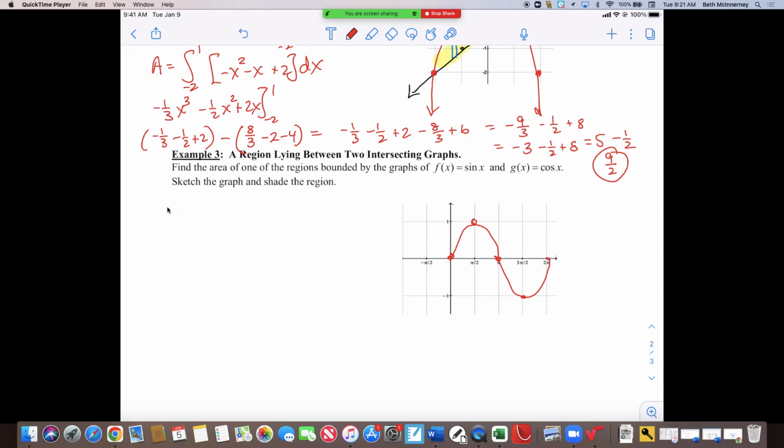This is my sine x. So I'm looking for this region right here. Now, it's not this teeny tiny piece because there's a continuation and it would have the same sort of region.